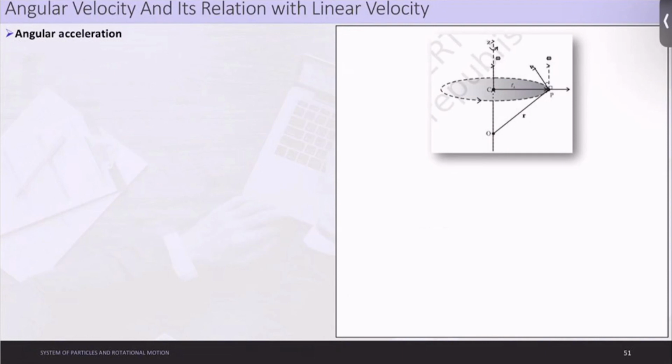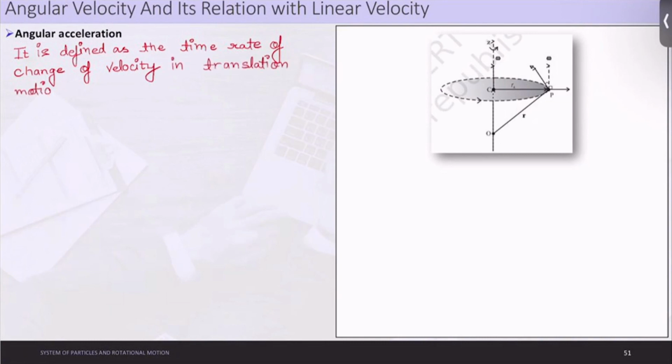Linear acceleration is defined as the time rate of change of velocity in translation motion.